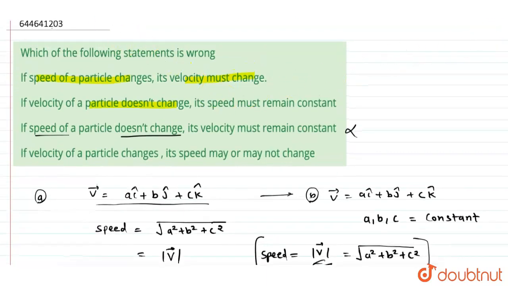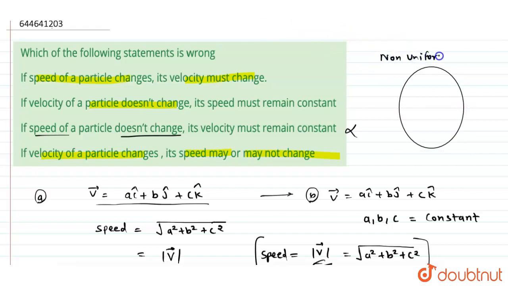Now moving to the next one, in which we are talking about if the velocity of a particle changes, its speed may or may not change. Yes, it's also true. You can understand this by simply taking the example of non-uniform circular motion.